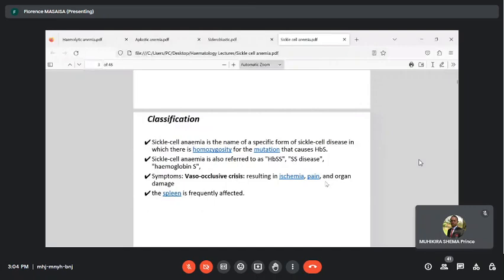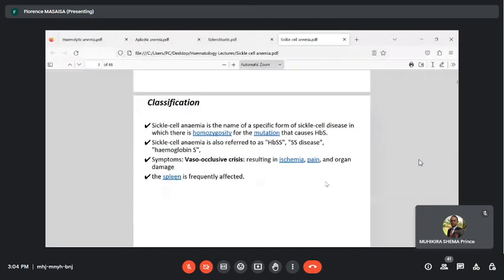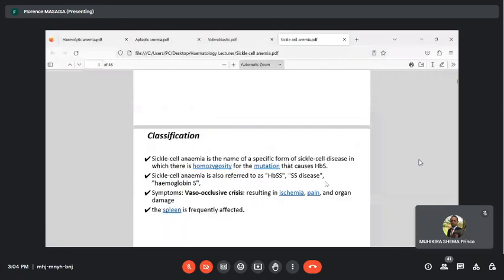Yeah. So sickle cell again. We have sickle cell diseases, which group sickle cell trait and sickle cell anemia. As we said, sickle cell anemia is related to the hemoglobin SS. Then the pathophysiology is due to sickle-shaped red cells losing their flexibility.